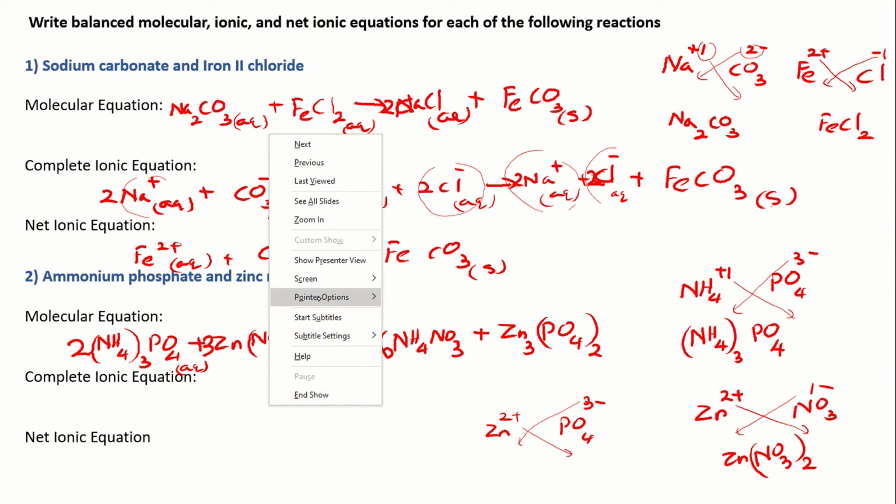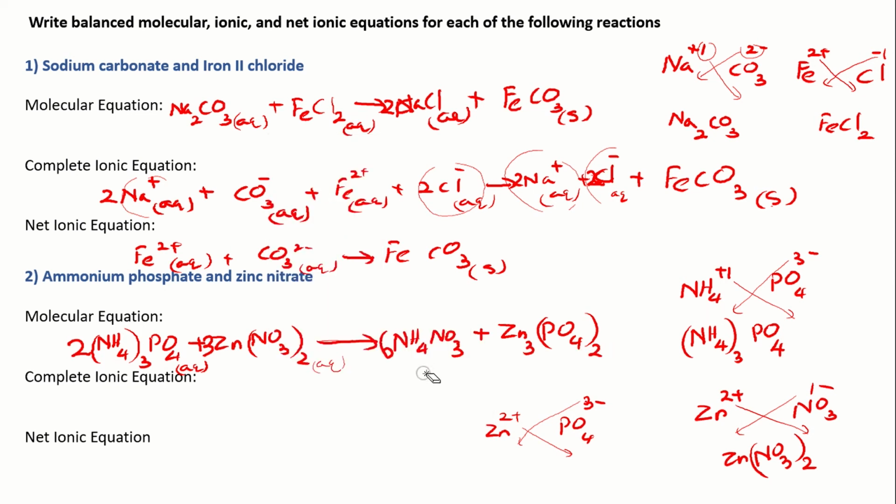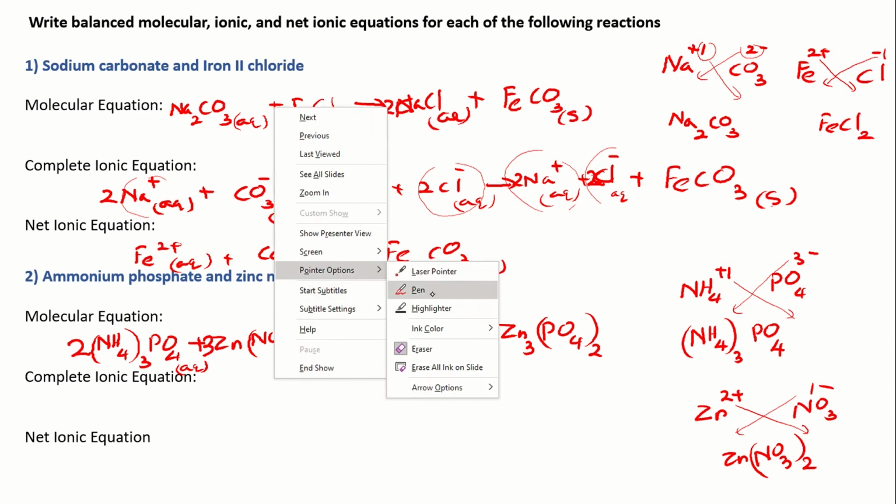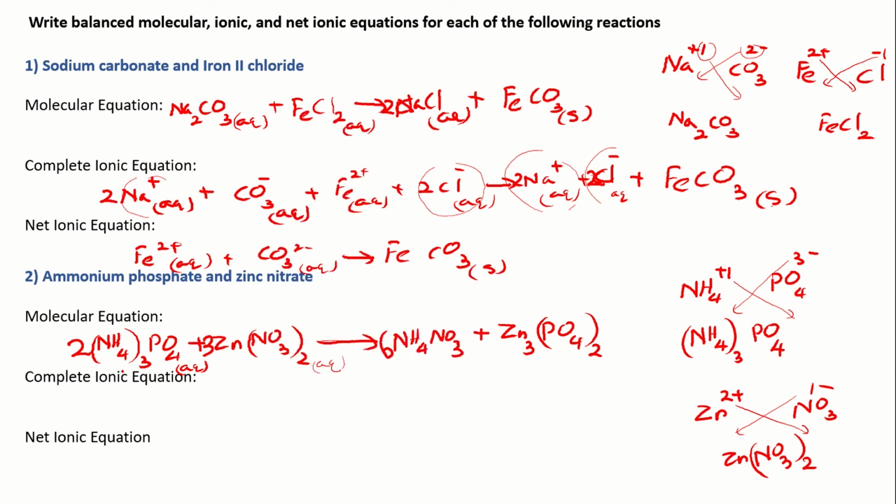Now I'm going to write the complete ionic equation and the net ionic equation. So everything written here, and also you have to figure out the phase of the written substance. This is ammonium nitrate.